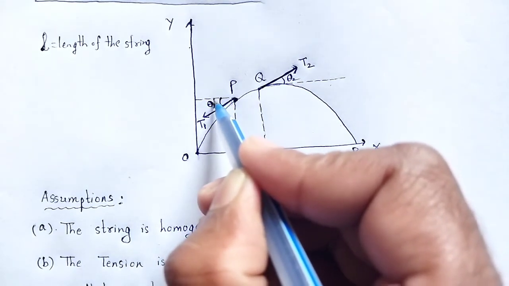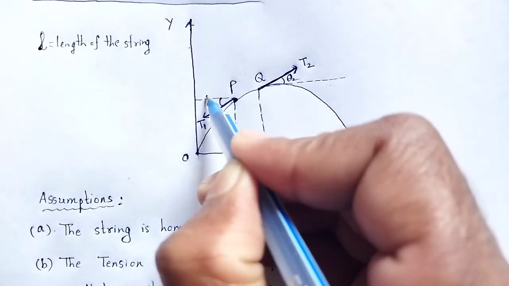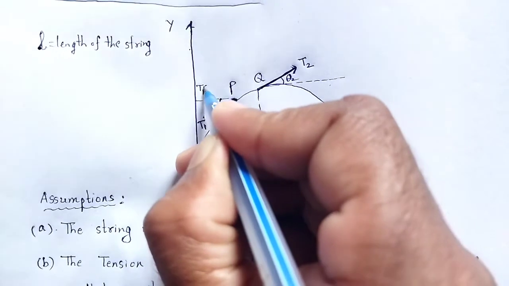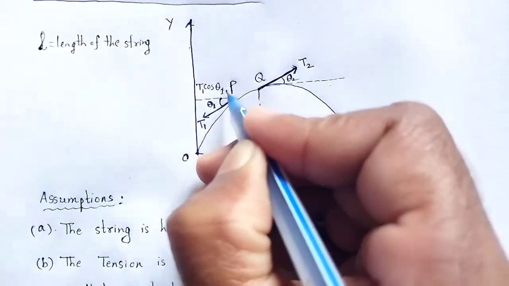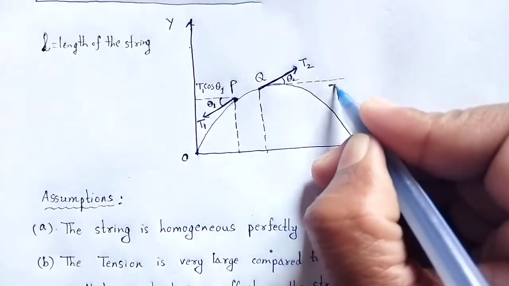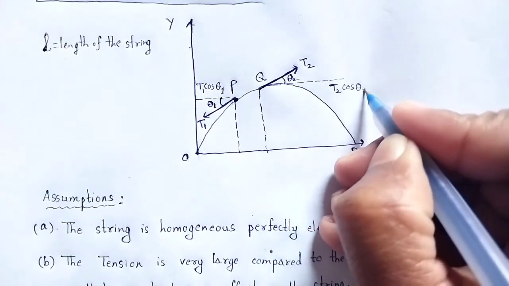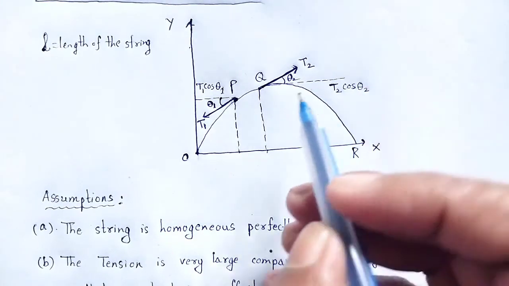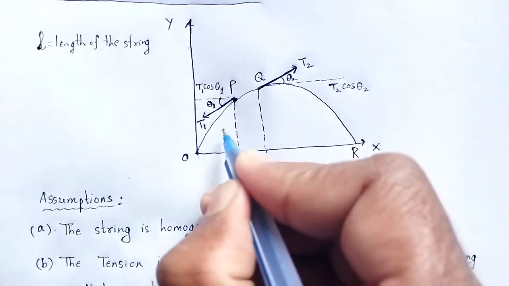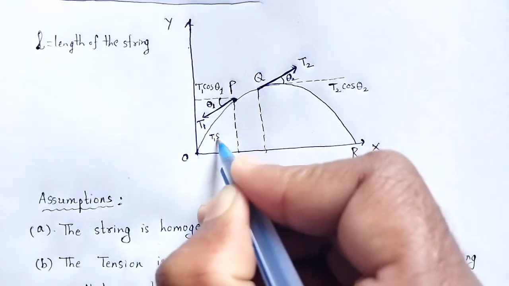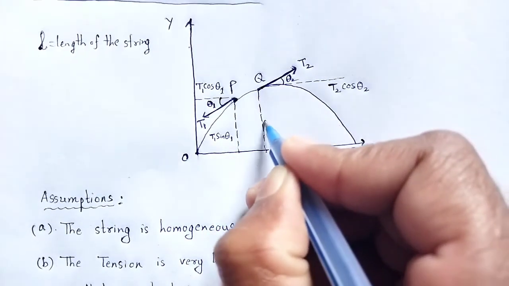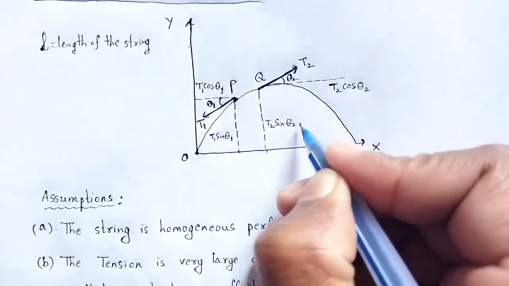The horizontal component of T1 is T1 cos theta 1, and the horizontal component of T2 is T2 cos theta 2, while the vertical components are T1 sin theta 1 and T2 sin theta 2.